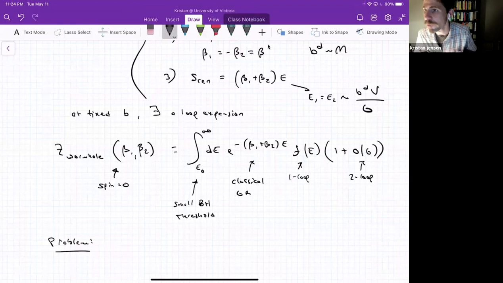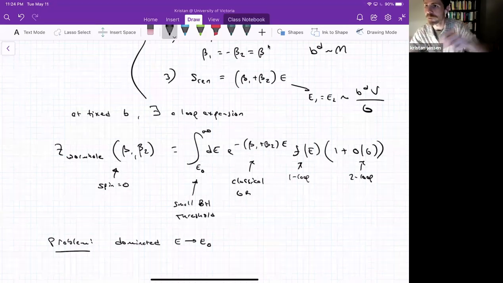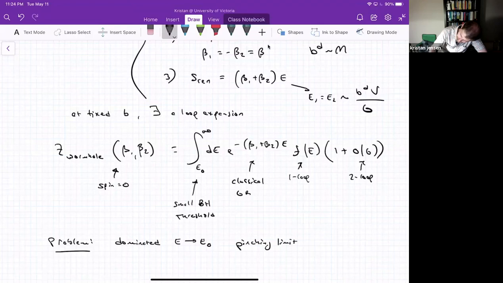In other words, the most important region of integration is as the energy goes to its lowest possible value, which in gravity corresponds to the limit where the wormhole pinches off to zero size. And that's the limit where bulk effective field theory breaks down, and this whole loop expansion at fixed energy or fixed B breaks down.